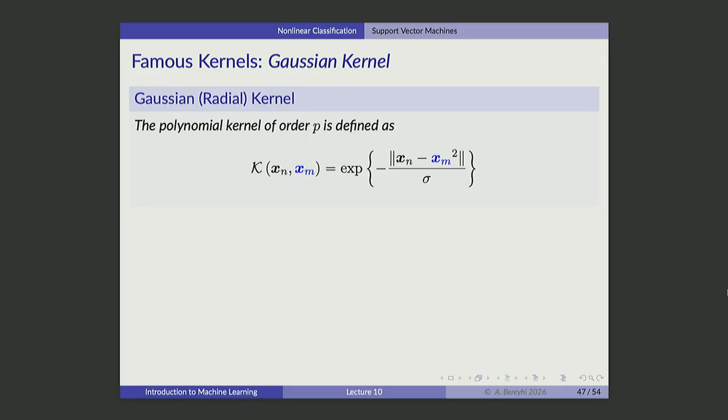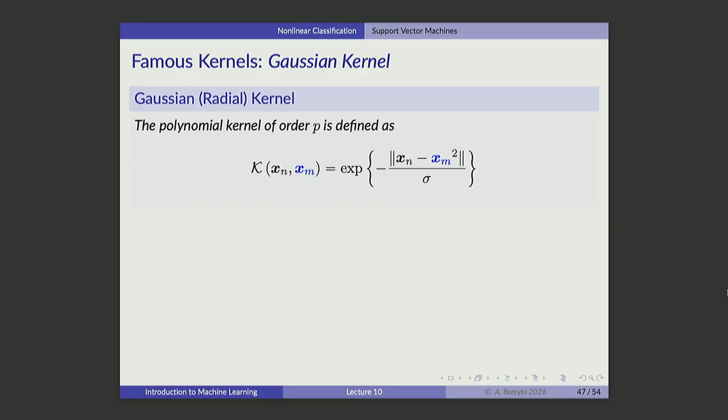You compute their distance in the Euclidean norm, and then you take e to the power of the negative distance divided by some sigma. This is the exponent, and you compute the kernel to be e to the power of that. This is obviously, again, a valid kernel. You can see that this is always non-negative, because it's an exponential function.